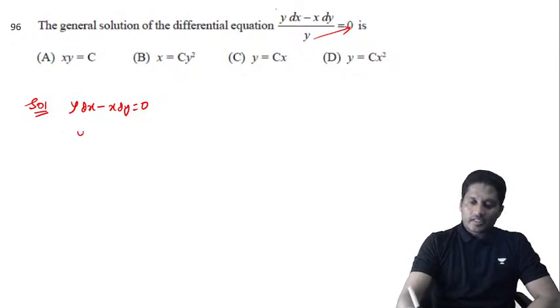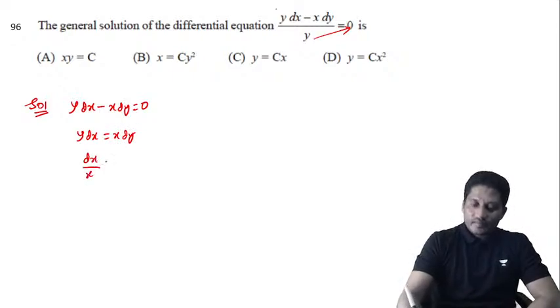I can write this as y into dx is equal to x into dy. Now this can be written as dx upon x is equal to dy upon y. If you integrate, you get integration of dx by x is equal to integration of dy by y, then plus c.